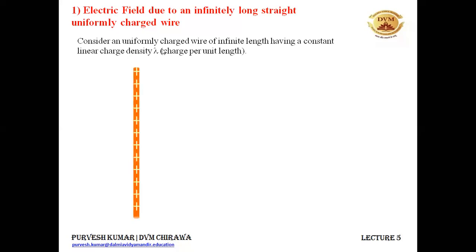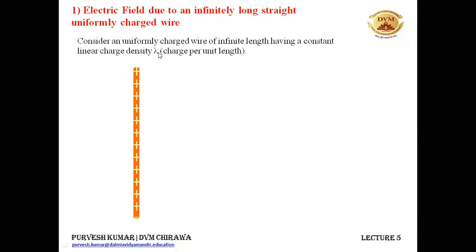Consider a uniformly charged wire of infinite length having a constant linear charge density lambda, that is charge per unit length. So this is my positively charged infinitely long wire, and it has a linear charge density lambda. That is, the charge in its unit length is lambda.